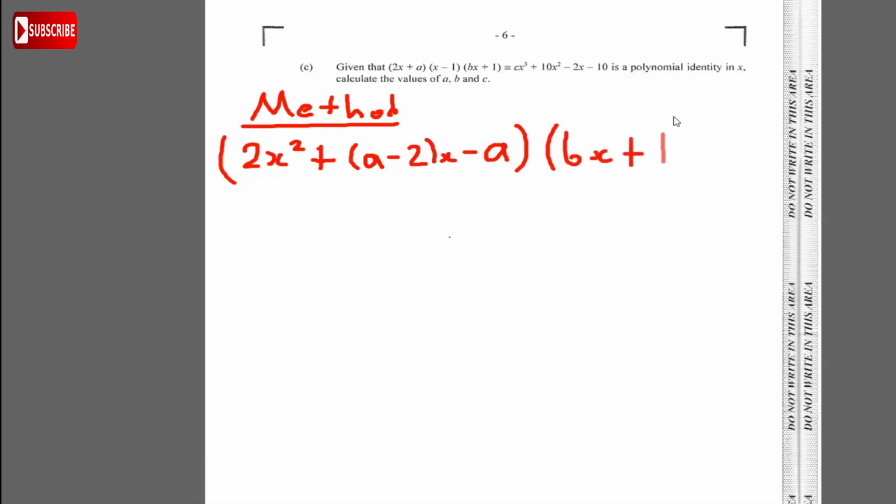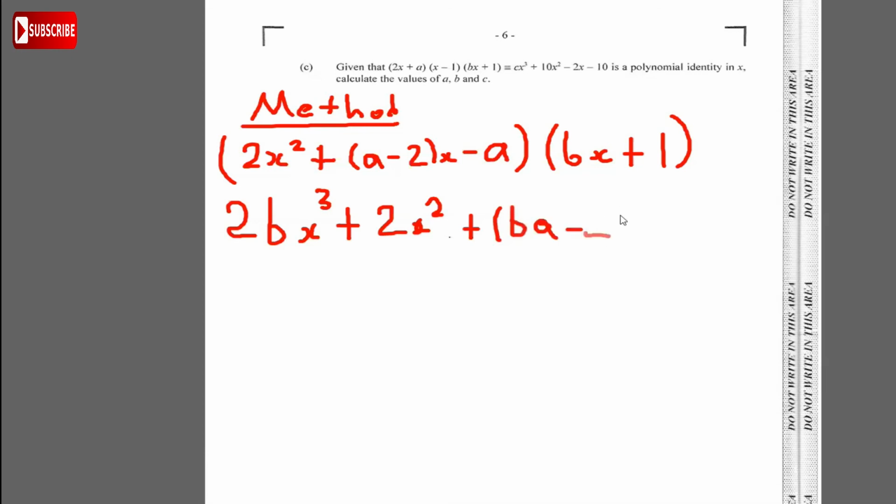Multiplying this by bx plus 1, it's going to be 2x squared times bx, that's 2bx cubed. And this times this is plus 2x squared. And this time this is going to be plus b times a is ba, minus 2b, times x squared.